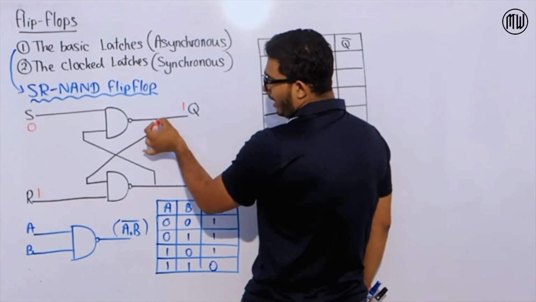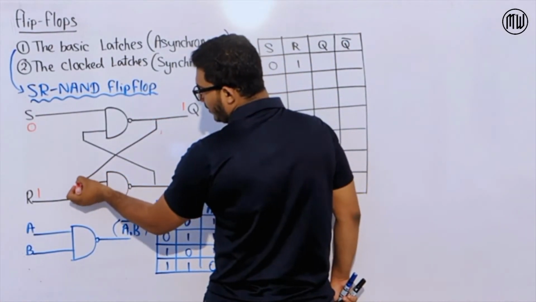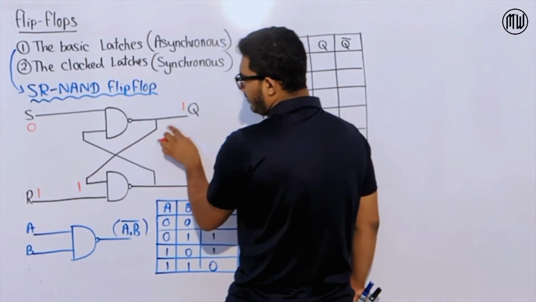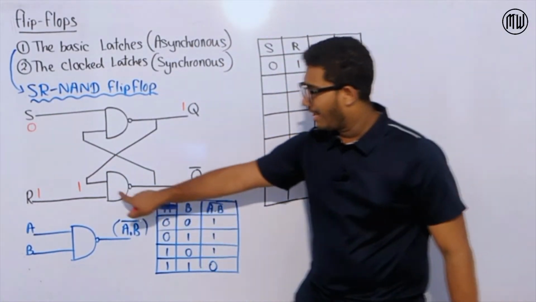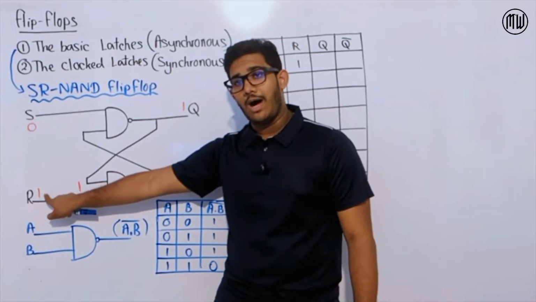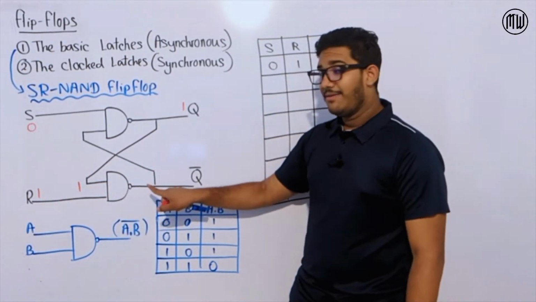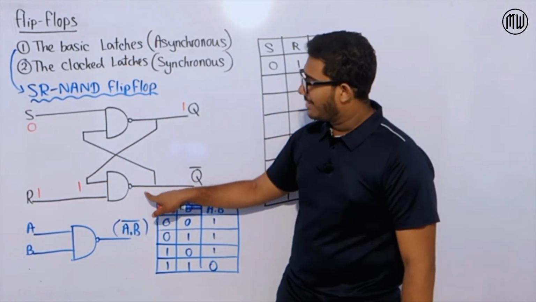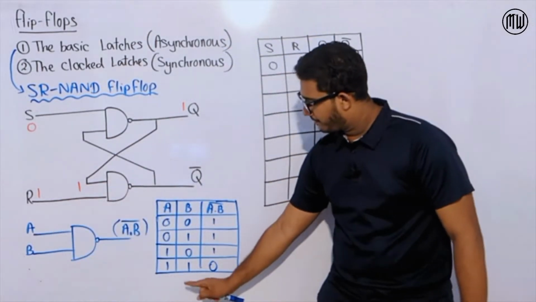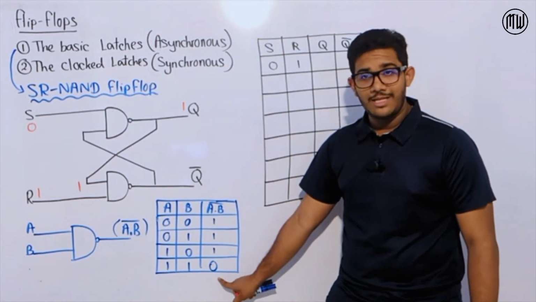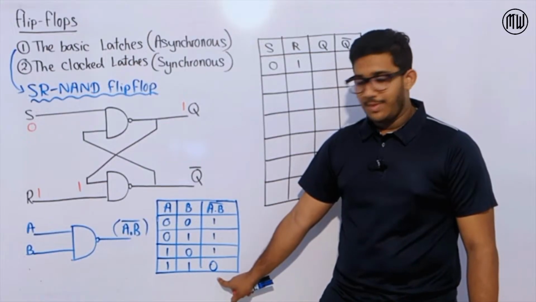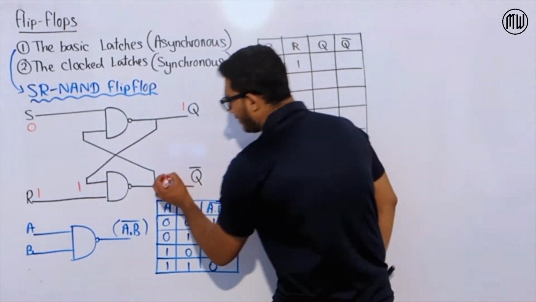And that 1 will get carried out to here, and now we have 1 and 1 as the 2 inputs for this gate, right? If it has 1 and 1, what should be the output? It should be 0, right? So we put 0.